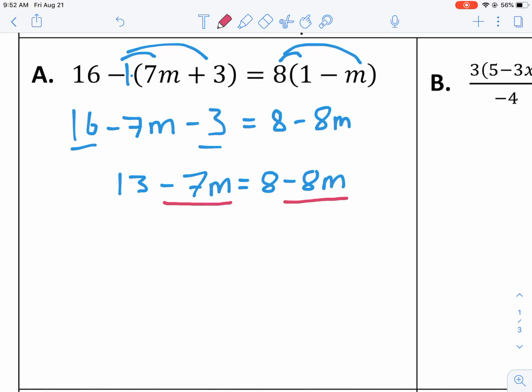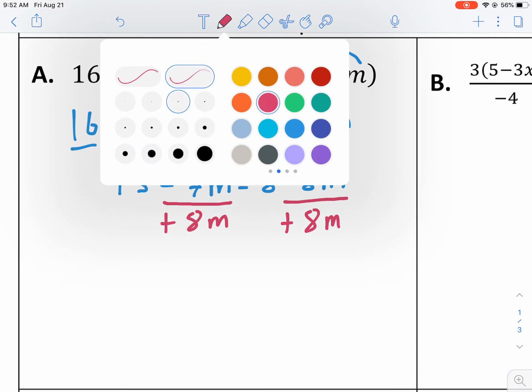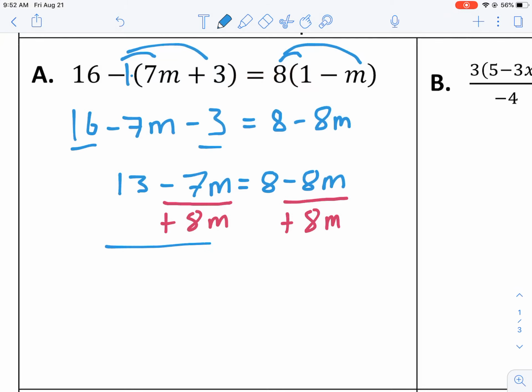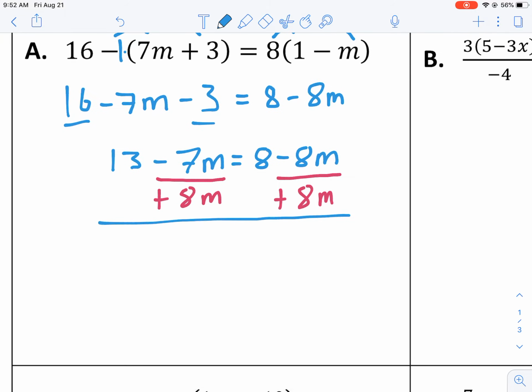So since this is -8m, we're going to add 8m to both sides. The reason you want to pick the smallest letter to move to the other side is because you want your answer to be positive. So if you're moving the smaller one over, then it's always going to be positive. So -7 plus 8, that's just 1, so we just have 1m left.